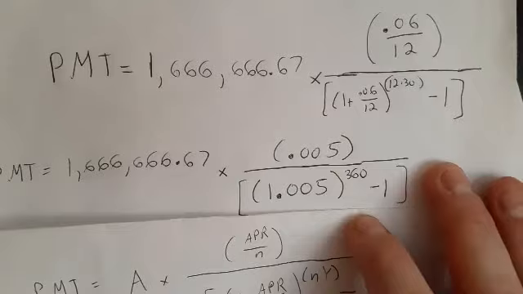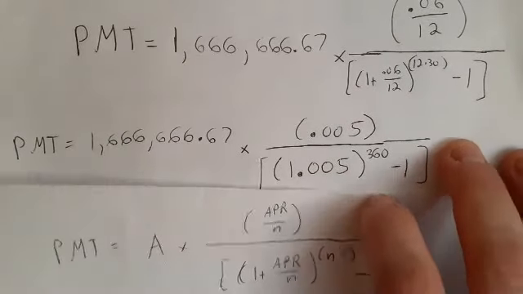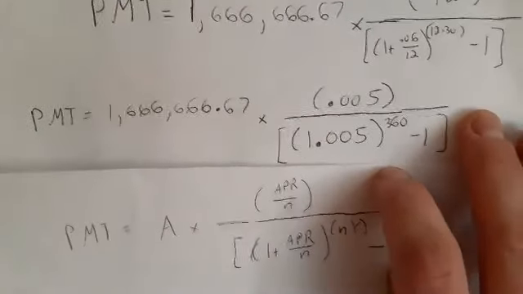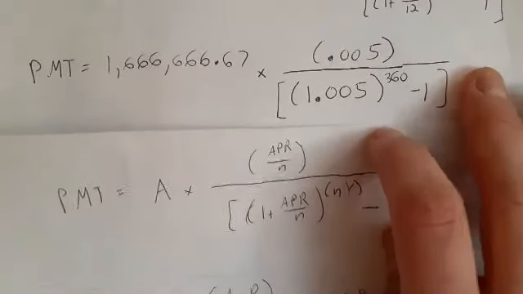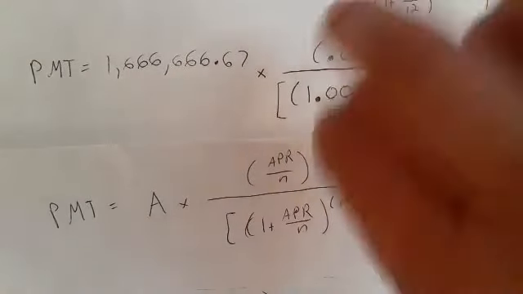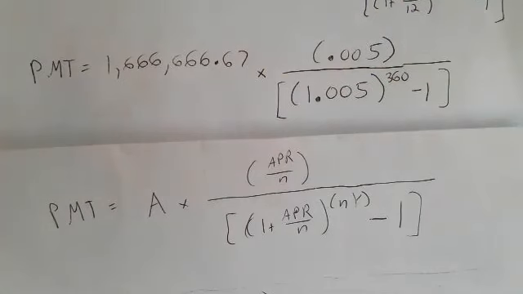After that, the next thing I'm going to do is exponents. It should look similar to the way you solved this, except this fraction is flipped. So we want to do 1.005 to the 360.